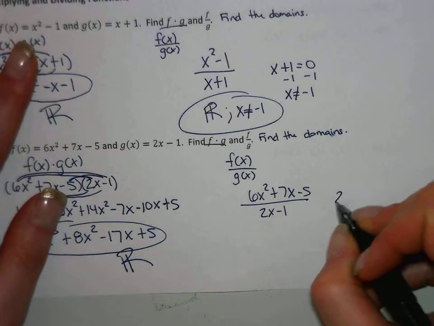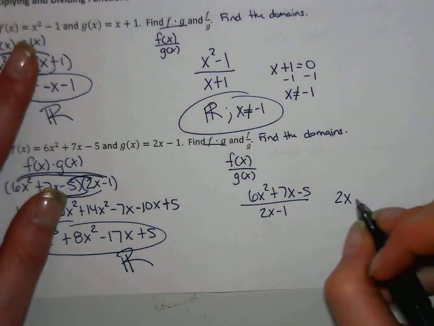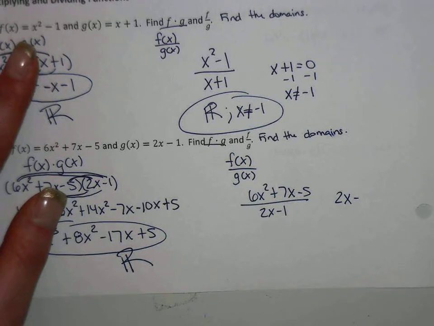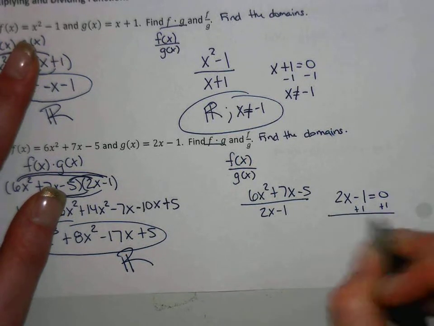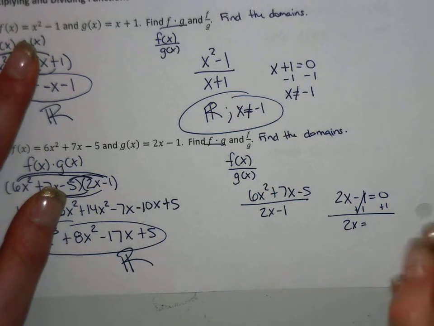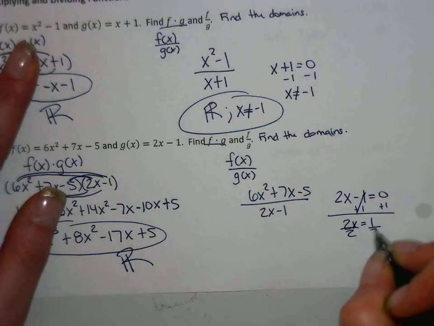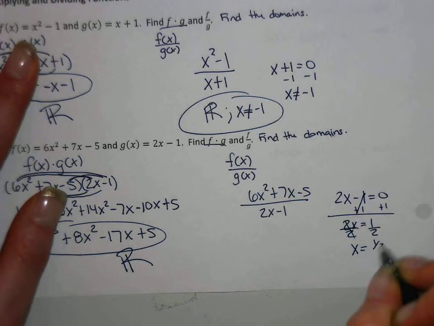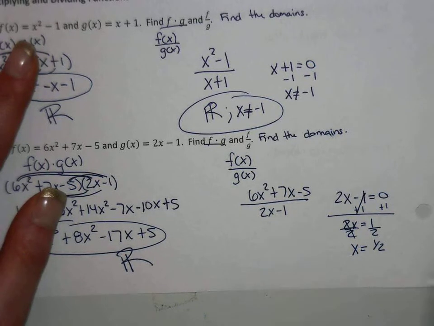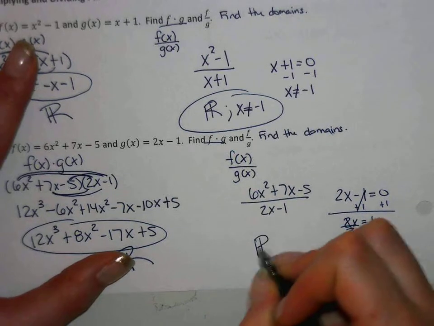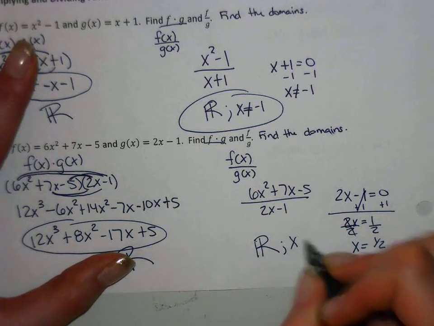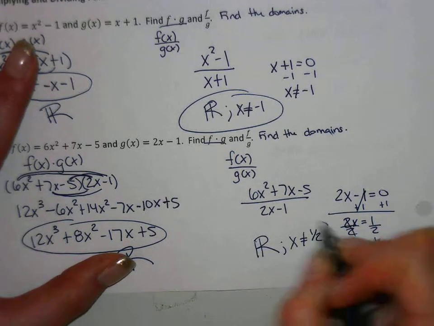So let's look and see what our denominator can't equal 0, so let's find what x cannot equal. So if we add 1 to both sides, divided by 2, so x equals 1/2. So if x is 1/2, then our denominator will be 0. So that means our domain is all real numbers except x cannot equal 1/2.